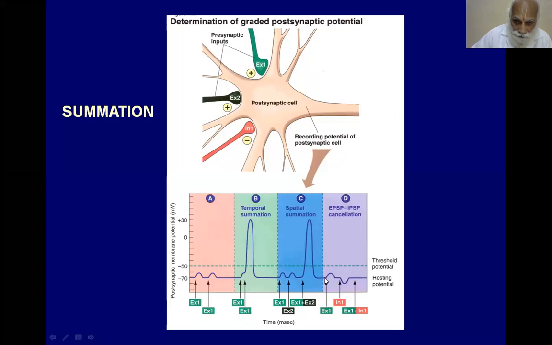So the EPSP is produced when the excitatory input is given. IPSP is produced when inhibitory input is given. But if you give them together, if they are equally effective, then there is no effect. Each one cancelled out or integrated and cancelled out, and there is no response. So this is what the inhibition is.